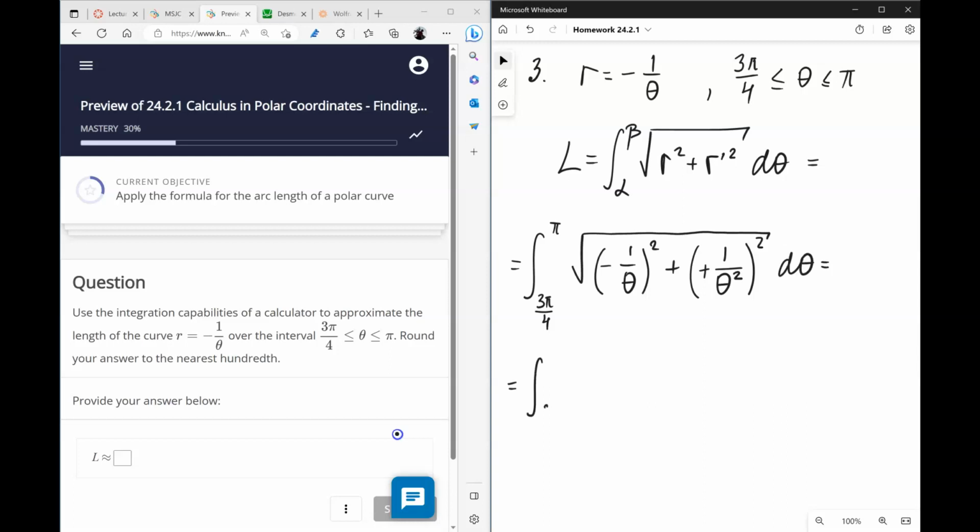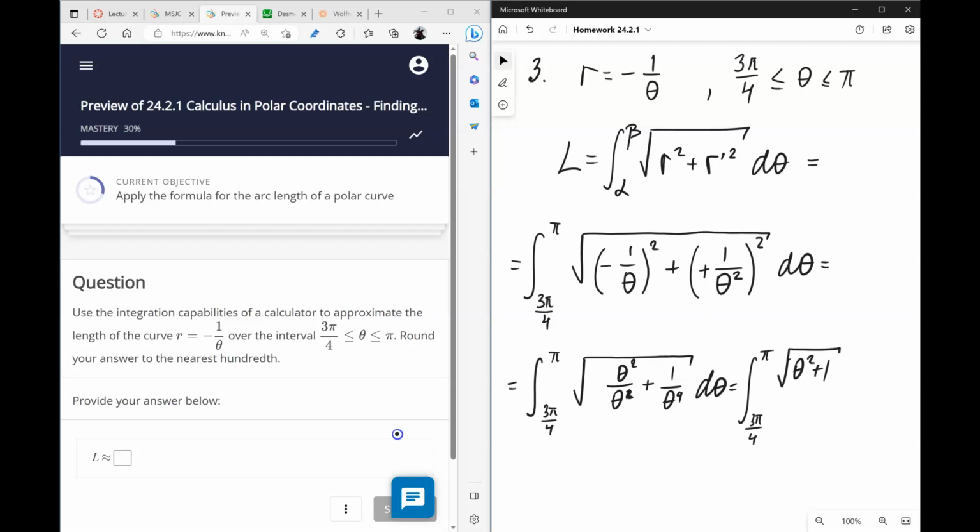Let me simplify it just a bit. So we have 1 over theta squared plus 1 over theta to the power 4, and finding the common denominator and simplifying.